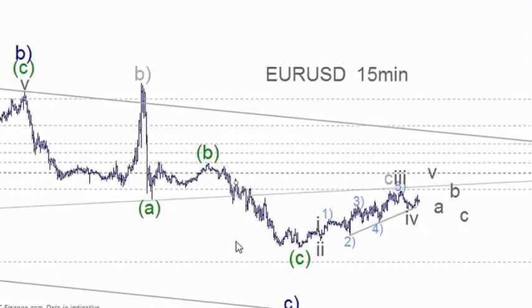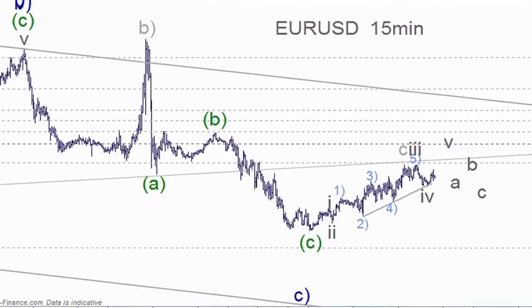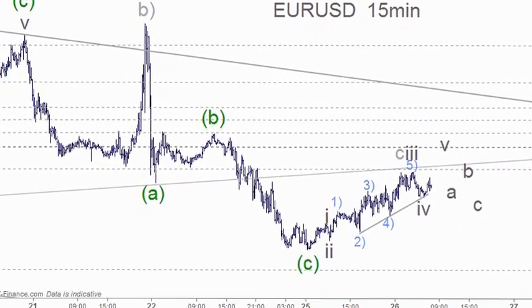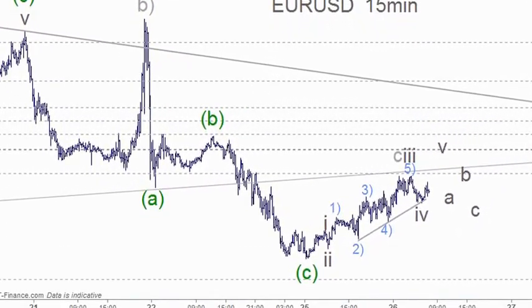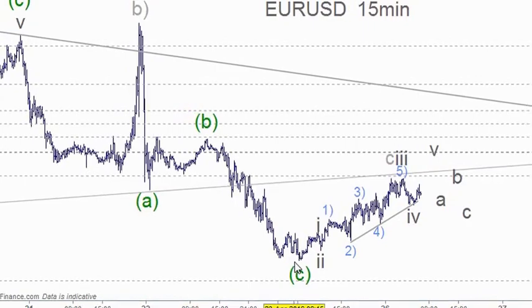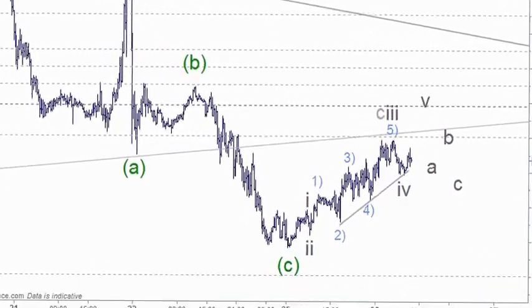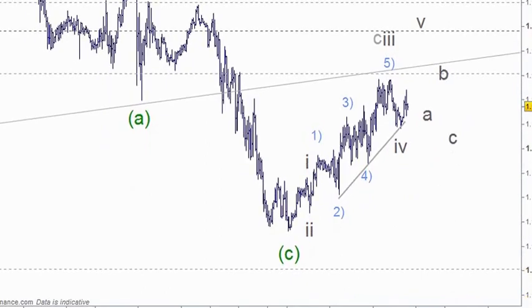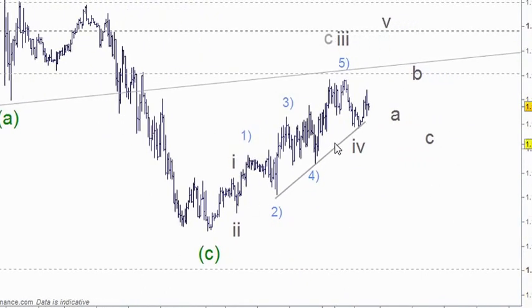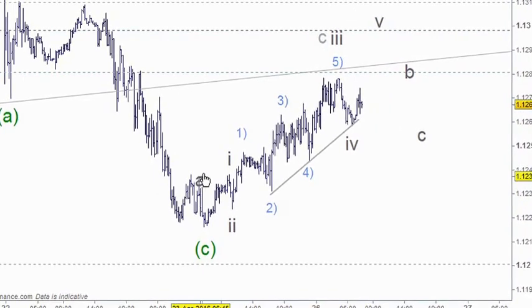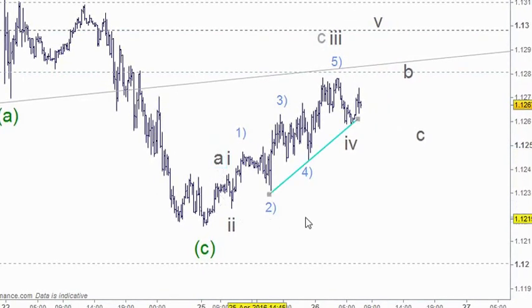But if we were looking for more downside here, then it would be that this would be wave 1 and 2 and 3 here, and then we'd need to look at this as wave 4 and then down for wave 5. Now, that's all good, and if we were going to short this, then it would look like this. This here where wave 1 is would be the A wave.